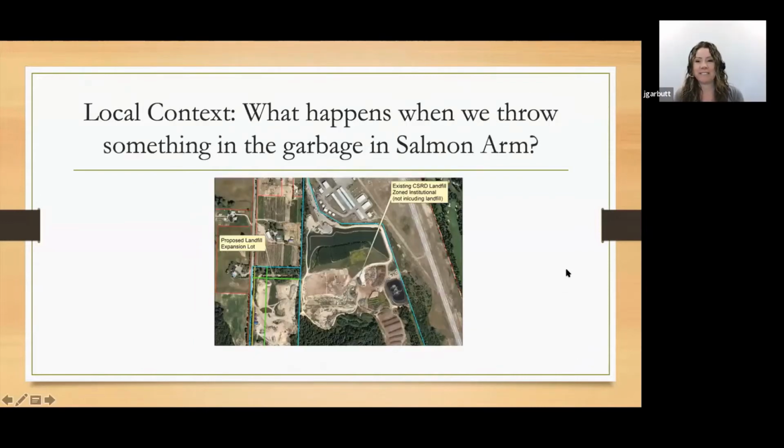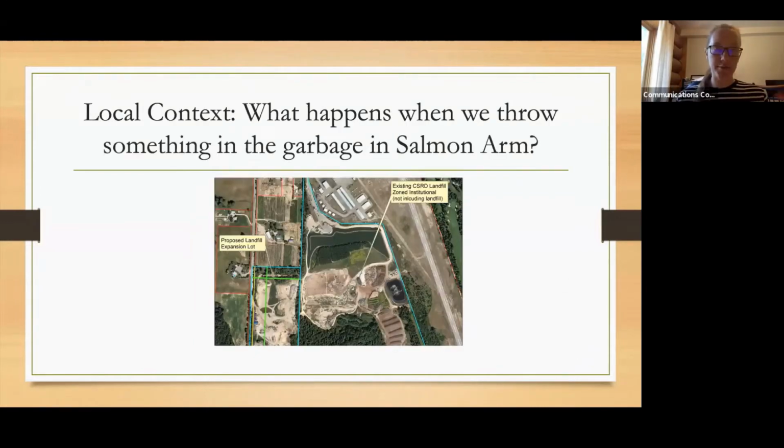Okay. So then this is where you can bring in the place-based learning. Whatever community you live in, you can talk about where the garbage goes in your community. This is a picture of our dump from the sky. And Graham, when is it going to be full?